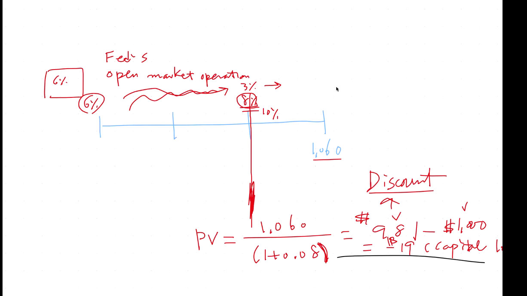So I'm teaching you the impact of the Federal Reserve's open market operation on the bond market. In this case Simon is sad because the Fed's open market operation was a sale, so his bond became a discount bond. If he needs cash, he has to sell at a loss of $19.